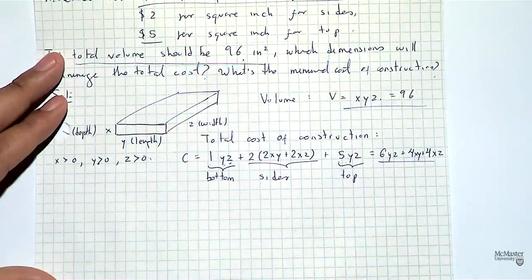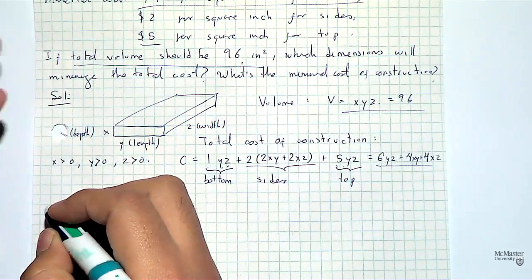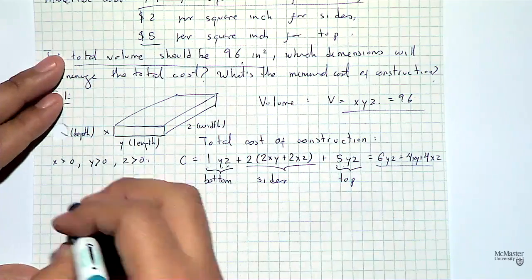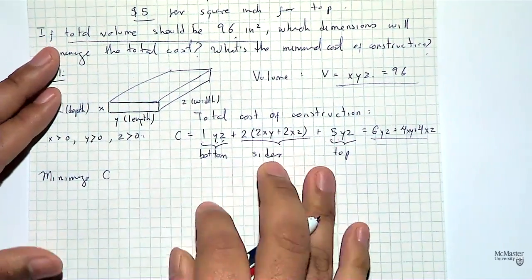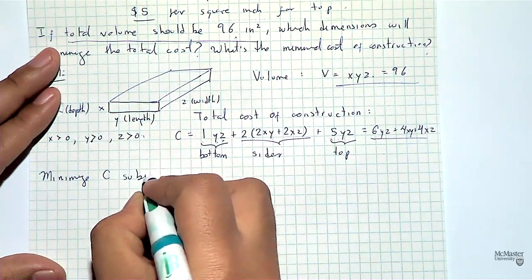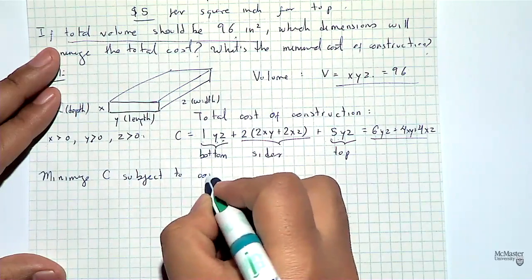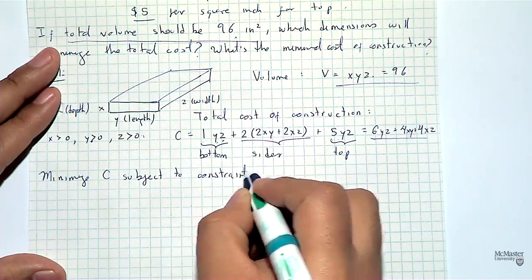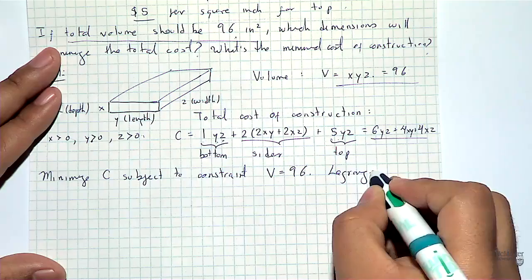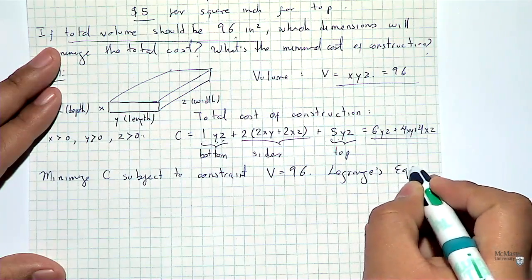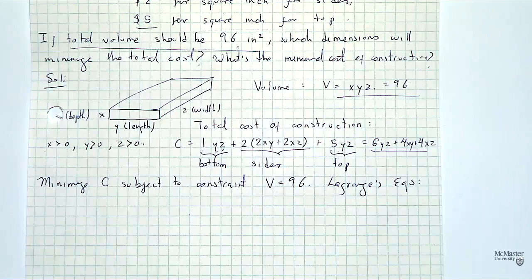So mathematically, now we formulate this problem of three variables plus the Lagrange multiplier as: minimize the function c subject to the constraint b equal to 96.